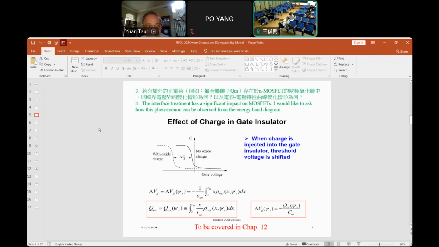Those are atomically, you can say, if we don't introduce any foreign atoms, you just break the covalent bonds, okay, and then we can trap charges.